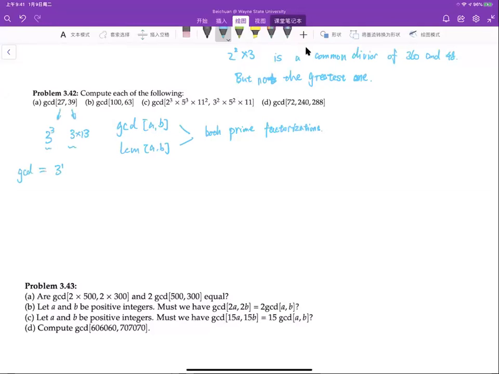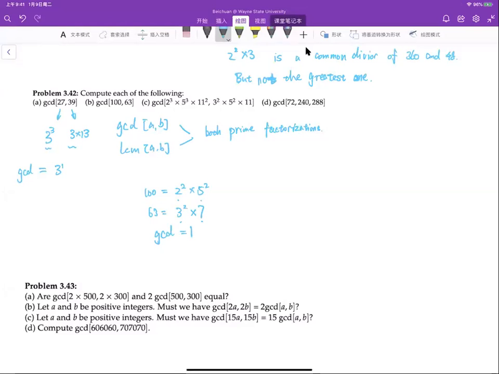For the second one, 100 is 2 squared times 5 squared, and 63 is 3 squared times 7. They don't have any common factor in the prime factorizations, so the GCD is equal to 1.